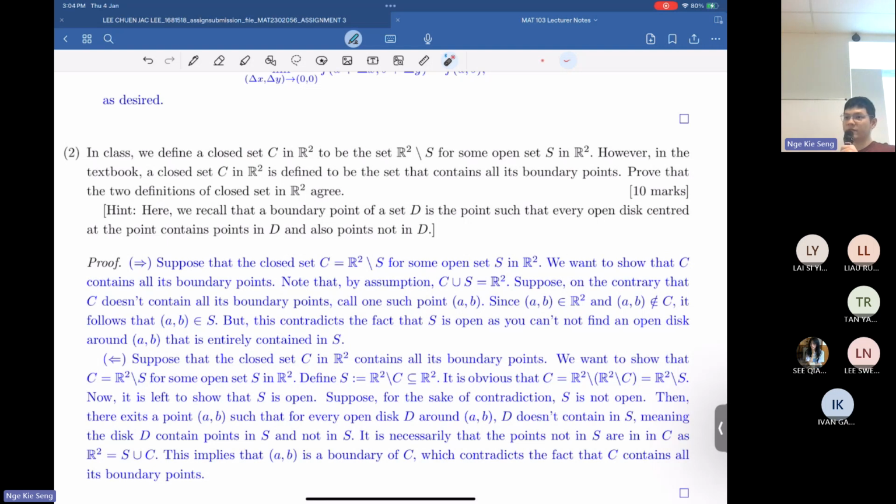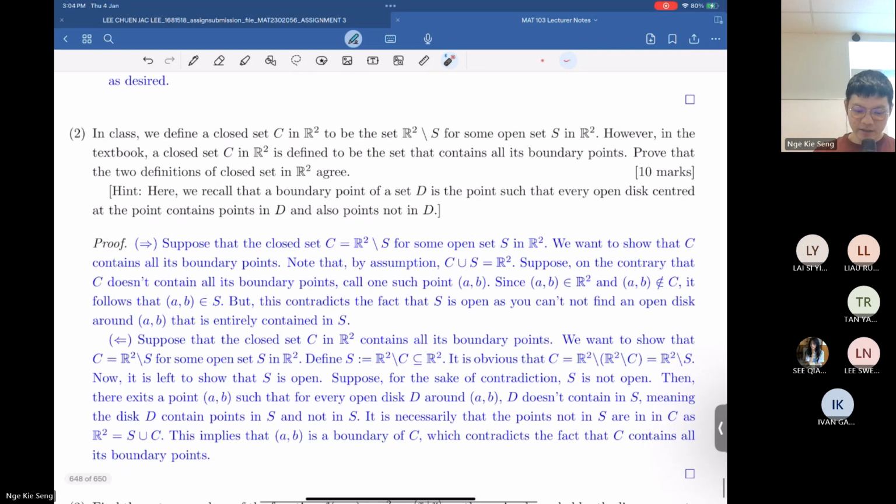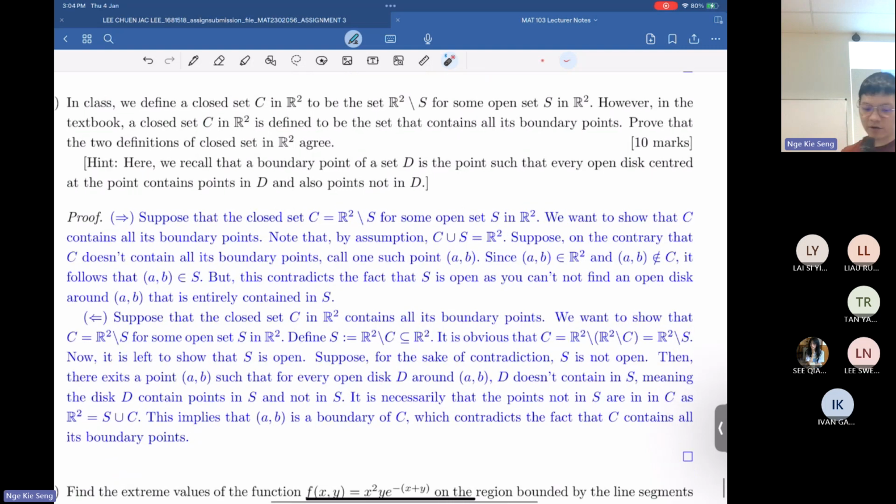Okay, let's pick this direction first. So what do I write? Suppose that the closed set C is R2 removing some open set in R2, and we want to show that this C contains all its boundary points. So how do I show it?